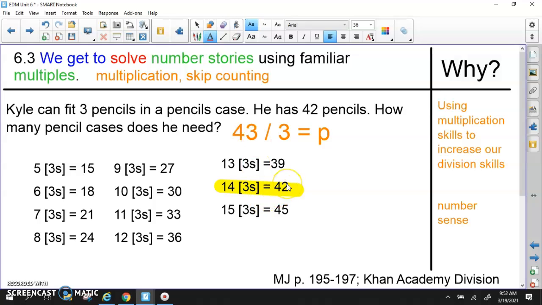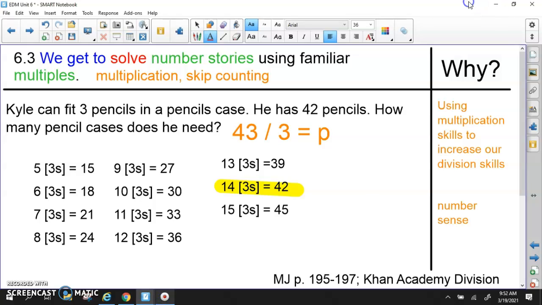I got to 42 in my skip counting, but then I have one more to get to 43, and that's my remainder. Remainder means that's an amount which I can't divide anymore, which can't be included in dividing. So it's like I had 43 pencils and I put them in boxes of 3. I'd have 14 boxes, and then I'd have one pencil left over that didn't go in a box. Is everybody okay with that idea of remainder? Okay.